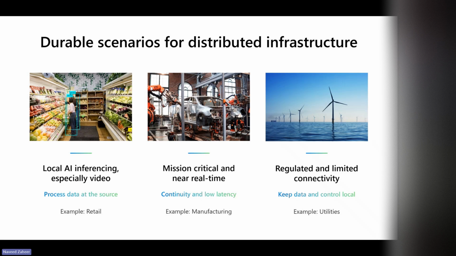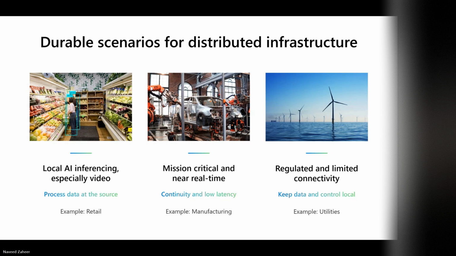So manufacturing comes into the picture, and traffic management as well, and in that scenario you need data processing very close to where you are collecting this data or where you're doing the operations. And one more is regulated industries or where you have limited connectivity. For example, oil rigs or cruise ships.